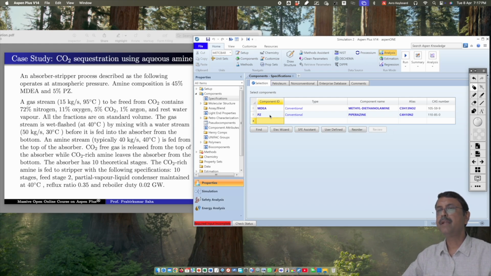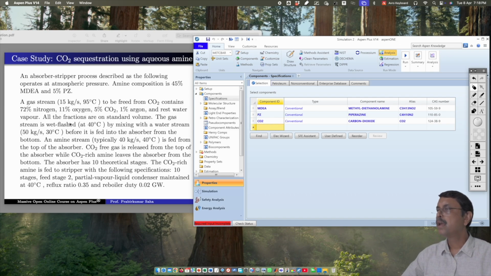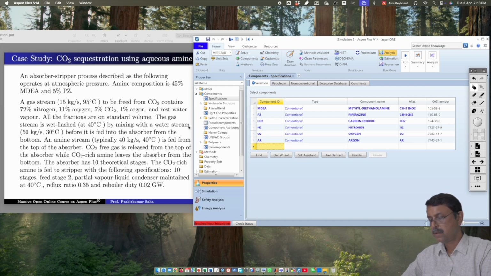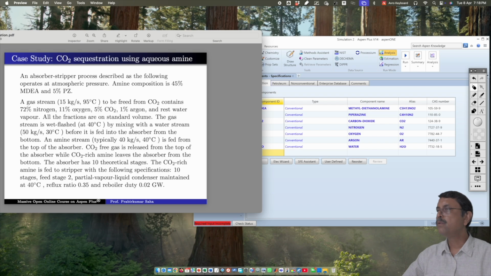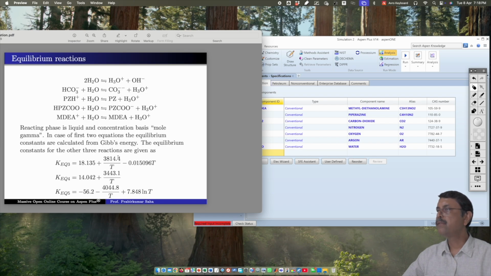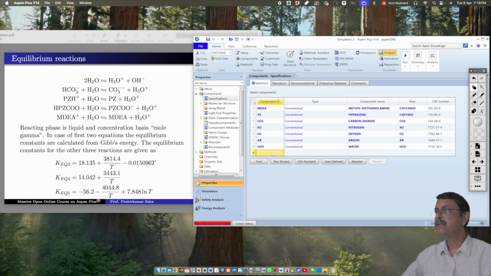So just rename it as PZ. The gas stream has CO2. We will write it over here, CO2. Then we have nitrogen, oxygen, argon, water. So nitrogen, oxygen, argon, water. And we will have some ions also because it is an electrolyte system. The ions we will get over here. So we will gather these ions also.